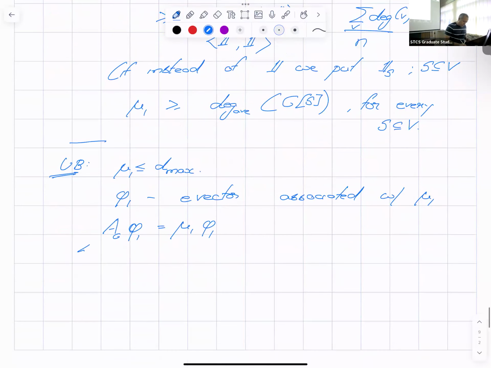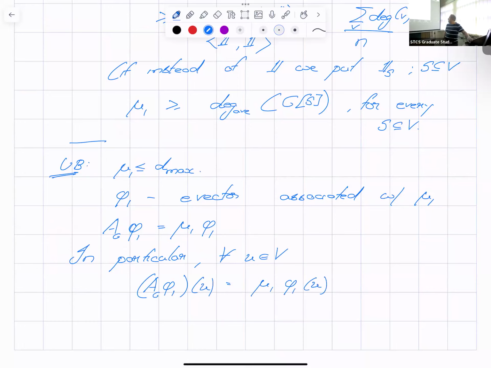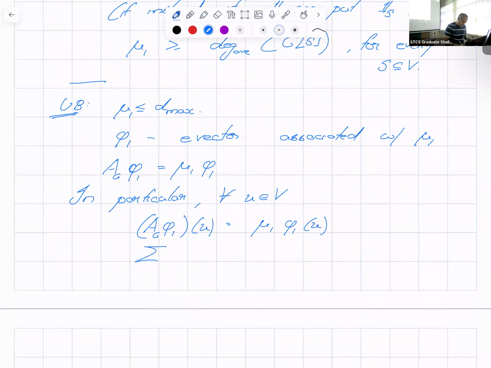In particular, for every vertex u, A_G phi1 of u is just mu1 phi1 of u. But what is A_G phi1 of u? We saw this. It's the sum of its neighbors. So this is the summation of phi1 of v, v a neighbor of u, equals mu1 phi1 of u.